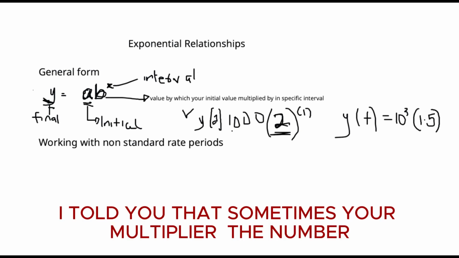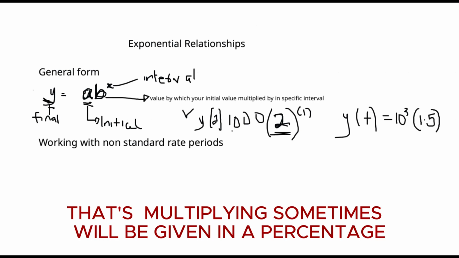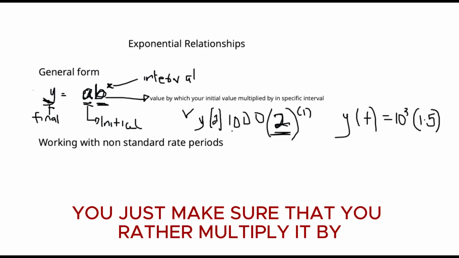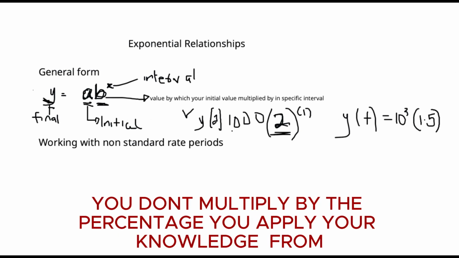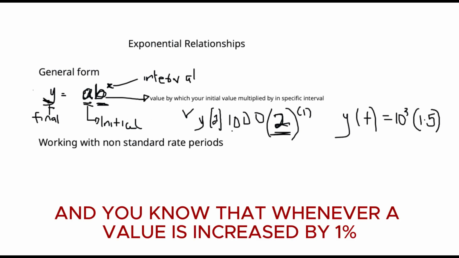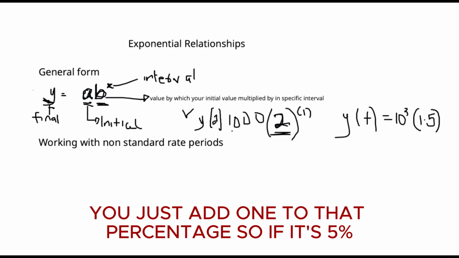I told you that sometimes your multiplier, the number that's multiplying, will be given as a percentage. In these cases, you don't multiply by the percentage. You apply your knowledge of percent increase or decrease in values. Whenever a value is increased by a percent, you just add 1 to that percentage.